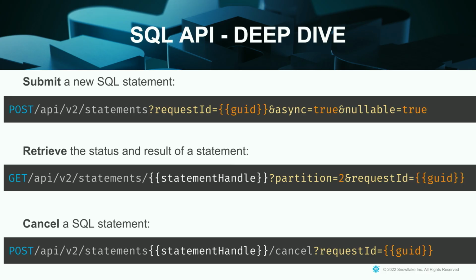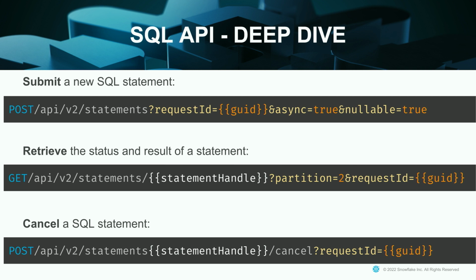And so what we've been able to do with this is actually the entire API consists of 3 calls. That's part of the beauty here. So those 3 calls consist of submitting a SQL statement, retrieving the status or the result of that SQL statement, and if you need to, you can cancel an existing and running SQL statement.